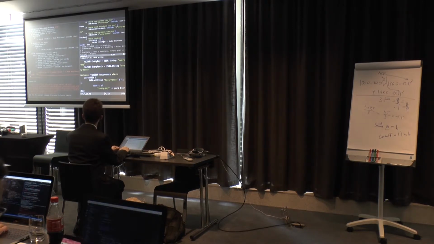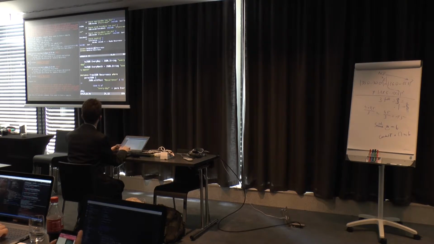Now we get a bunch of compile errors. Hopefully. Right, so the first problem is we have no gen valid instance for recurrence. So we can just say instance gen valid recurrence. And then it will complain, oh, you have no gen unchecked for recurrence.